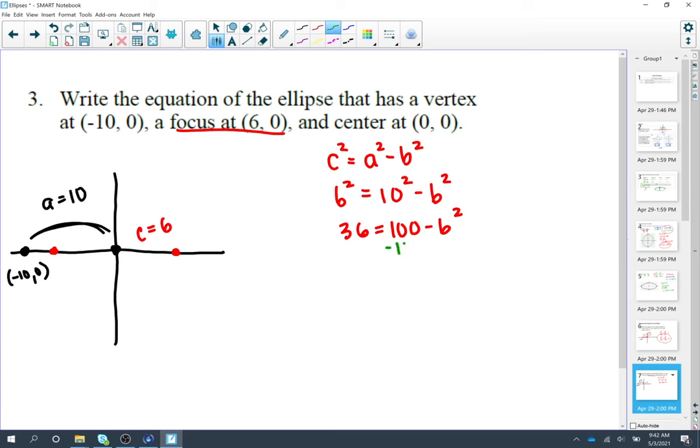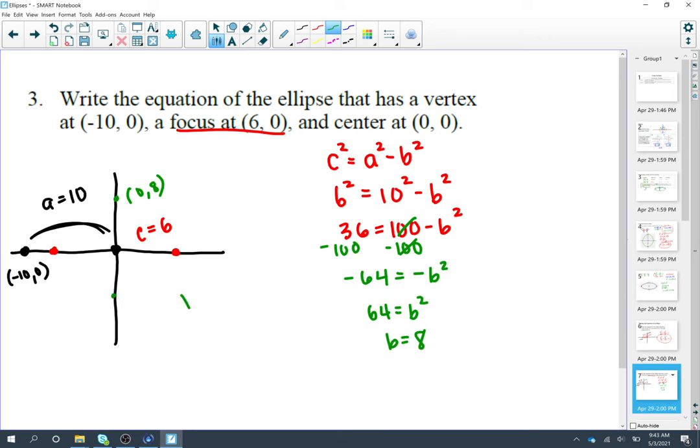Then we're going to subtract 100 from both sides. 36 minus 100 is -64, which is -b squared. Then we have to divide both sides by -1, so positive 64 equals b squared. So b equals 8. If we wanted to keep going with our picture, that would tell us that we're going to have 8 up here, so that's (0, 8). And we'd also have an 8 down here somewhere.